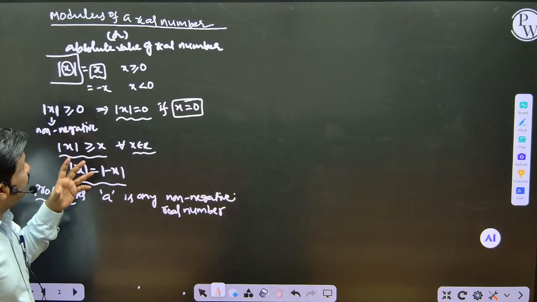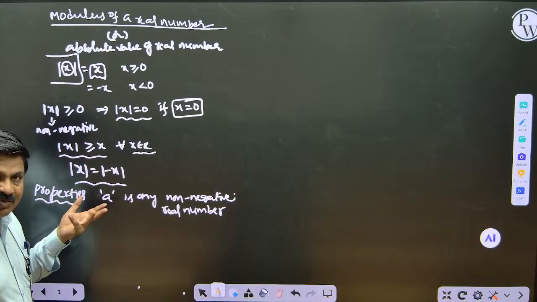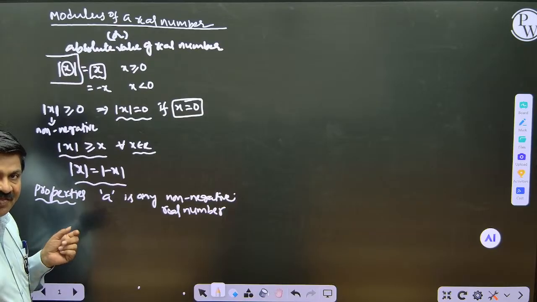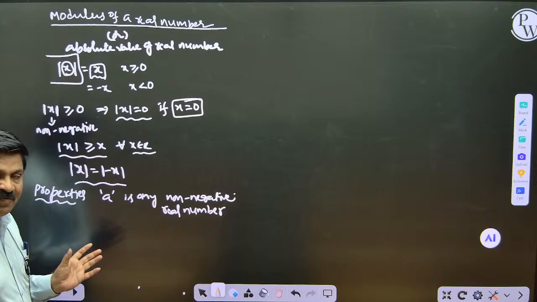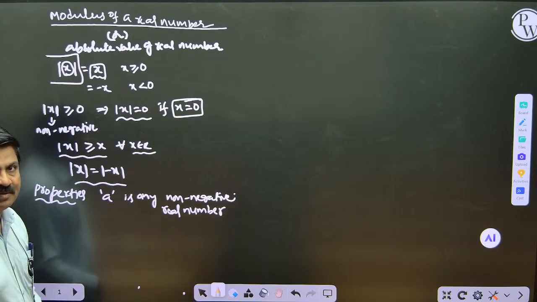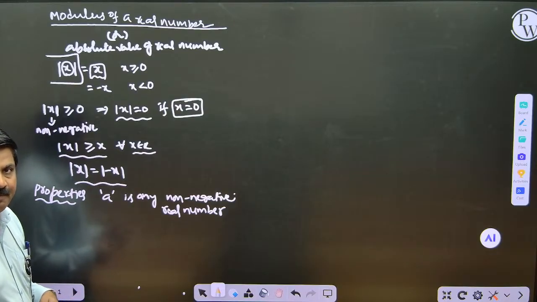Because we are going to discuss the properties of the modulus of x. Actually, modulus of x is a non-negative real number only. That is why modulus of x we can compare with only a non-negative real number. With negative real numbers, it is never possible. You can never compare modulus of x with a negative real number.